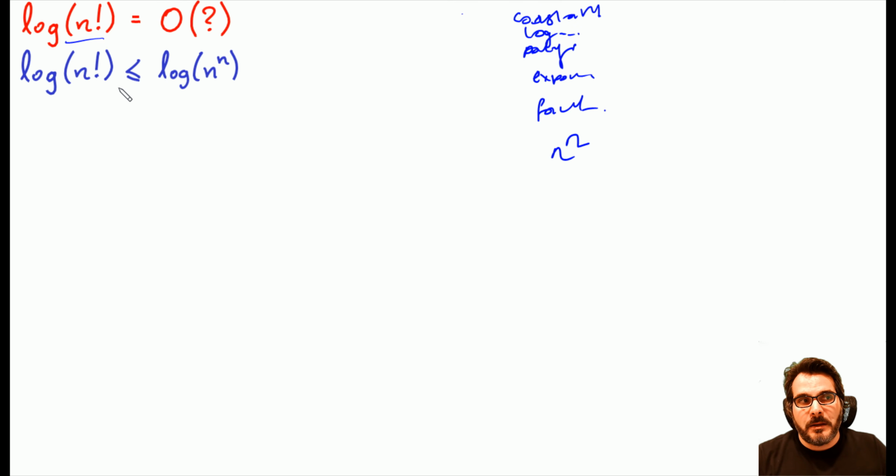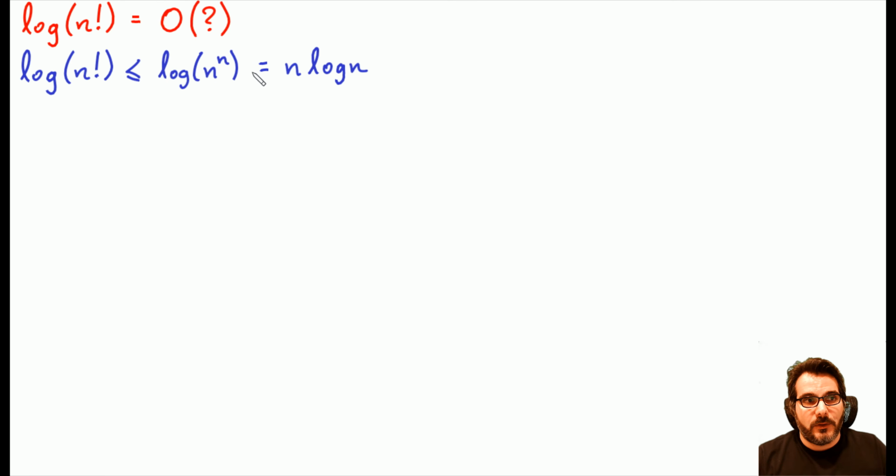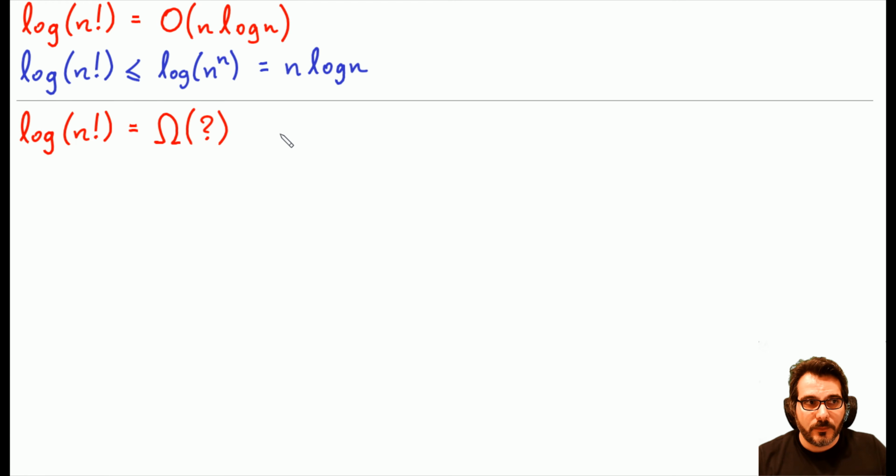So we are saying no matter what, my exaggeration will be log n factorial will be smaller than log n to the power n. So log n to the power n, as you see, is an exponential, just by the logarithm rules, it's going to come down here and create n log n. So basically, you can say log n factorial is O(n log n).